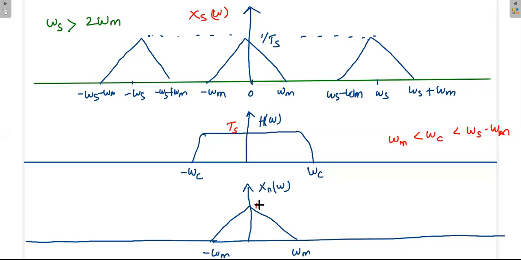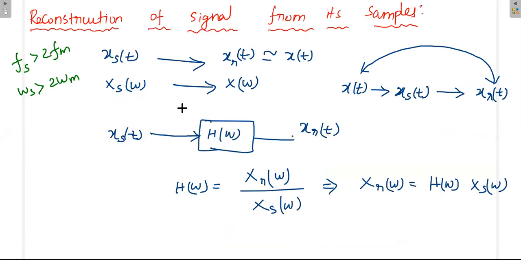See, here we are dealing with the frequency domain. Again, the same thing: what is happening in the time domain during this process? Because H of omega, if you take the inverse Fourier transform, we can write H of t.